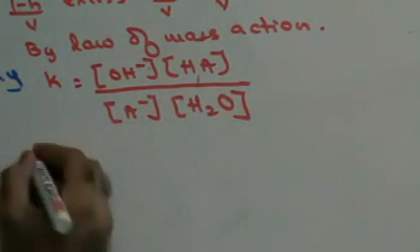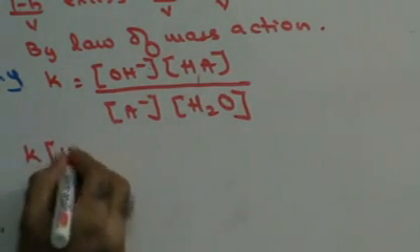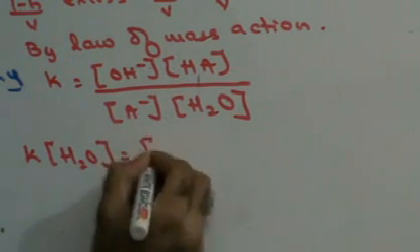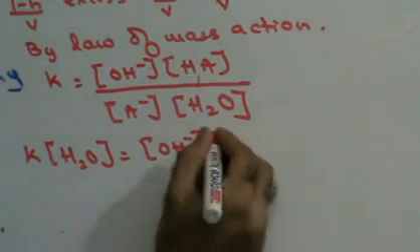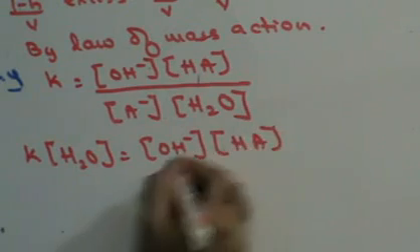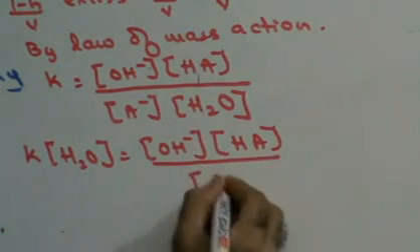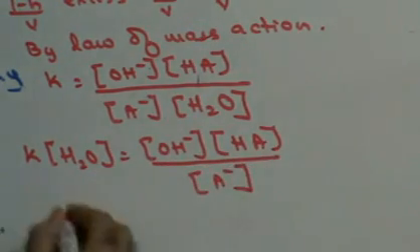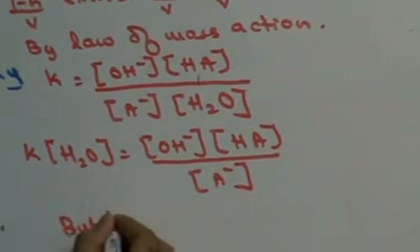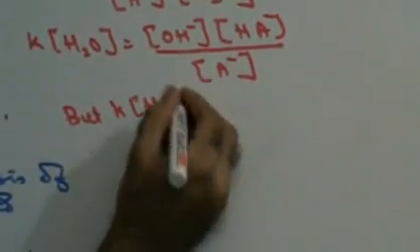So in that case I can say that K into H2O is OH minus into HA upon A minus, right? But K into H2O is nothing but KH.